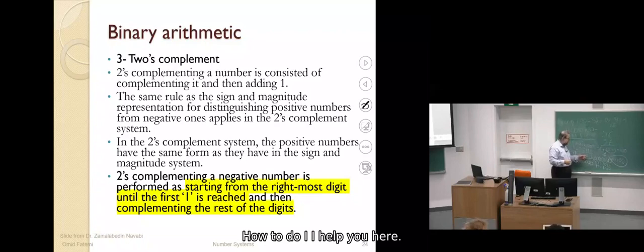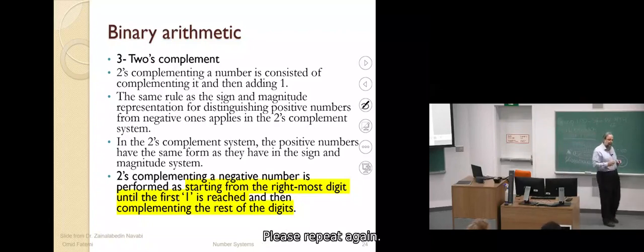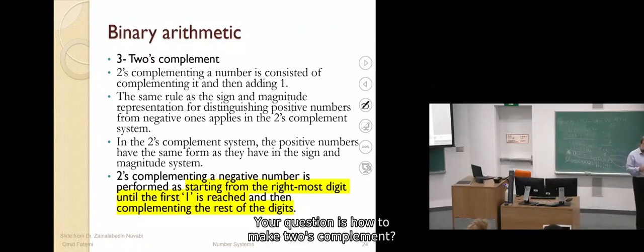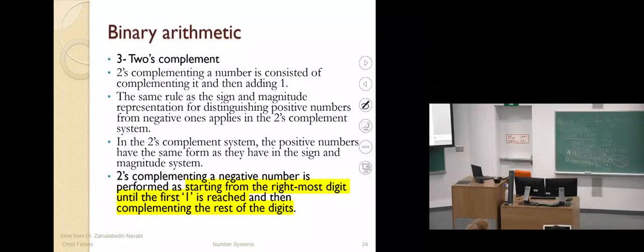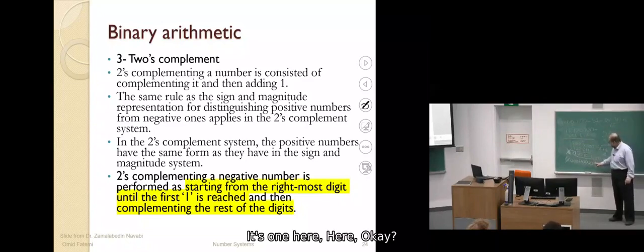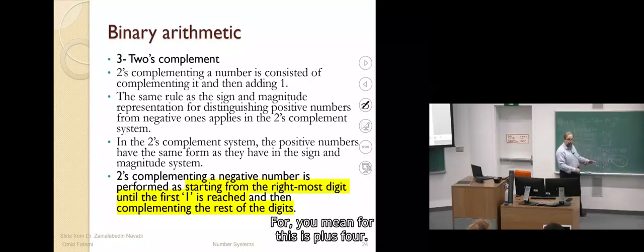Tell me how could I help you? I didn't get the question. Please repeat again. Your question is how to make 2's complement? The last digit, like if you complemented 4 that you did there at the bottom, wouldn't the last digit be 0? Here. Okay, 4. You mean 4.